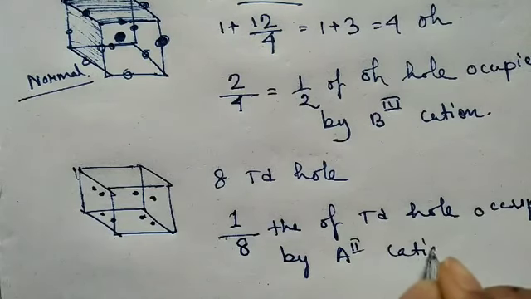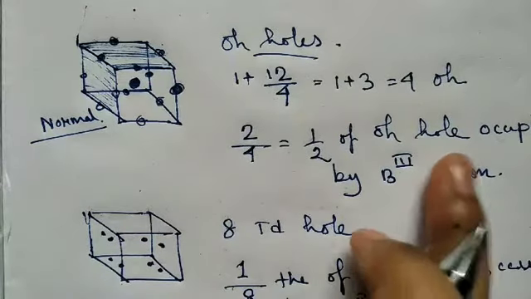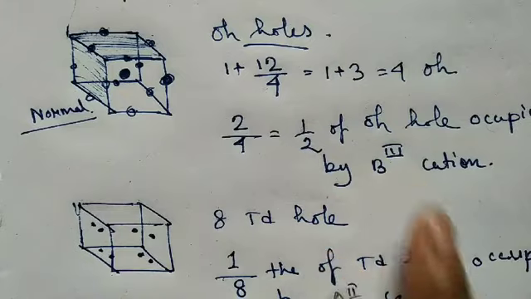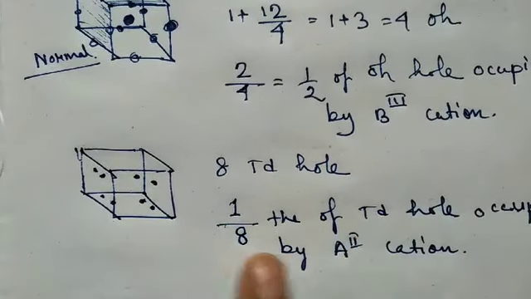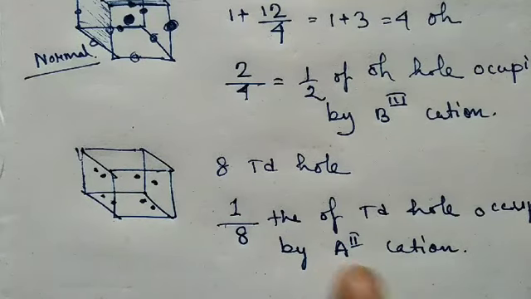Okay, so in case of normal spinel, half of the octahedral holes will be occupied by trivalent cation, tripositive cation, and 1/8 of the total tetrahedral holes will be occupied by tripositive cation.